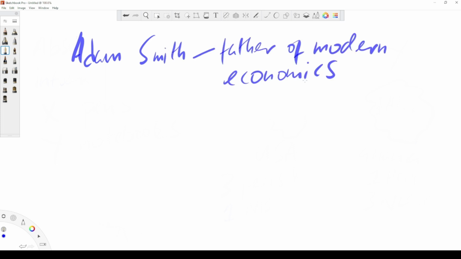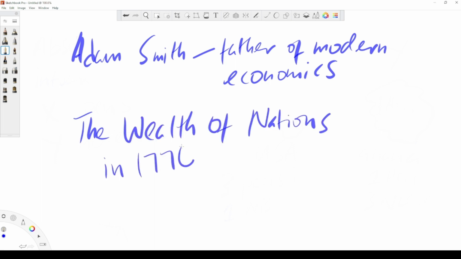It was first described in his book titled The Wealth of Nations in 1776. And he just considered labor like I described earlier.